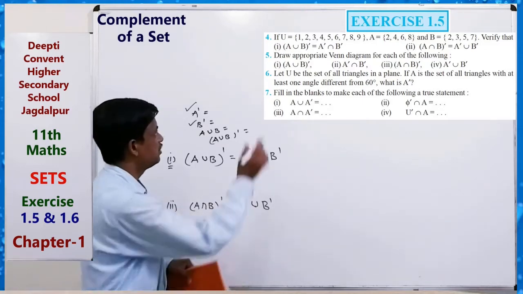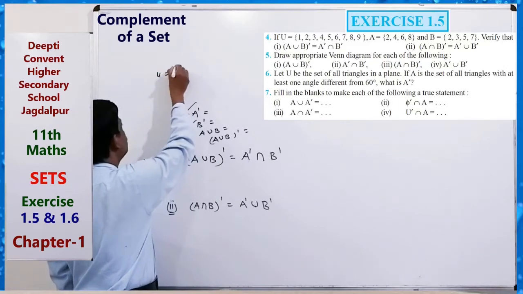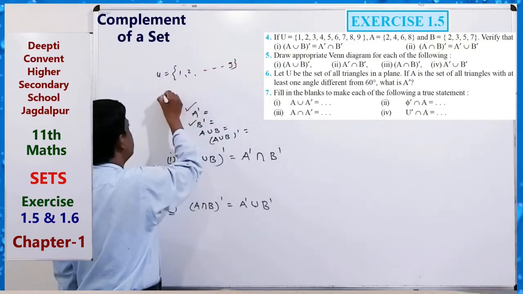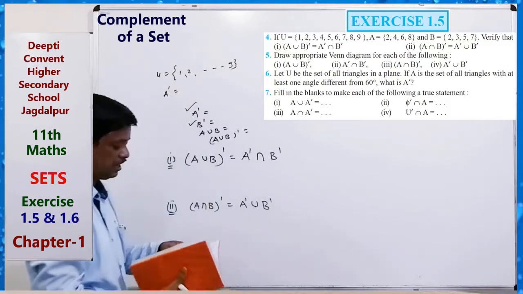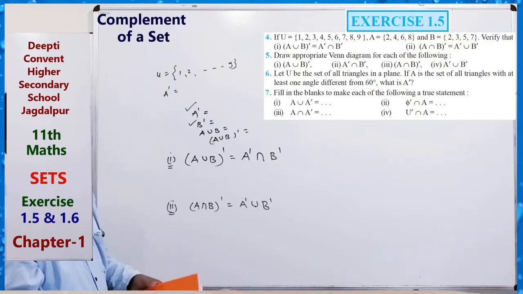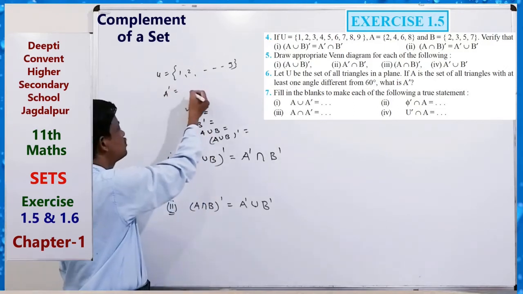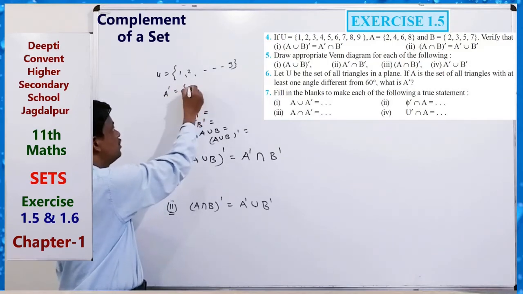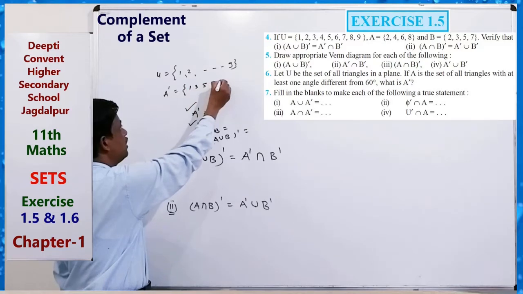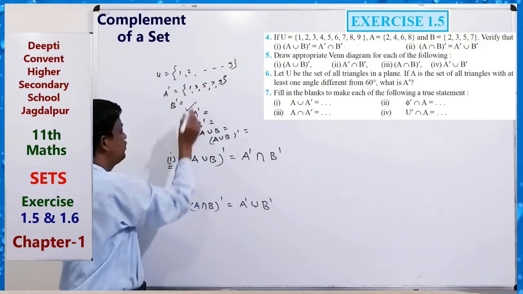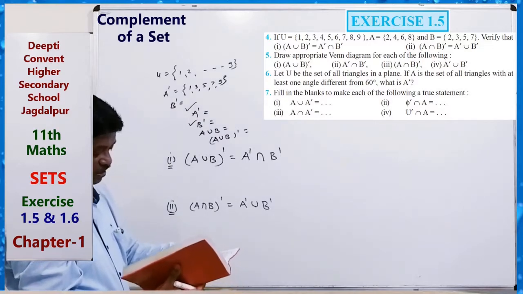Okay, so here U is what? U is 1, 2 up to 9. A dash equals what? A is given as 2, 4, 6, 8. So except 2, 4, 6, 8, A dash is 1, 3, 5, 7, 9. And B dash, B is what? 2, 3, 5, 7.